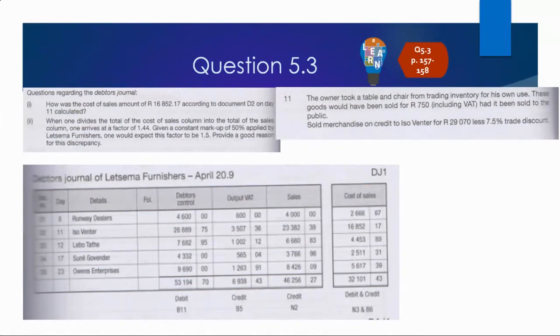Okay, now what markup percentage will we multiply that amount with? Okay, so what fraction? We want to work out the cost, which will be represented by what percentage, and we'll divide it by the sales, which will be represented by what percentage. So what will you multiply that 29,070 Rand with?